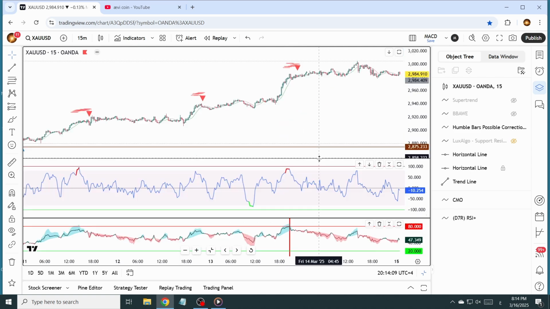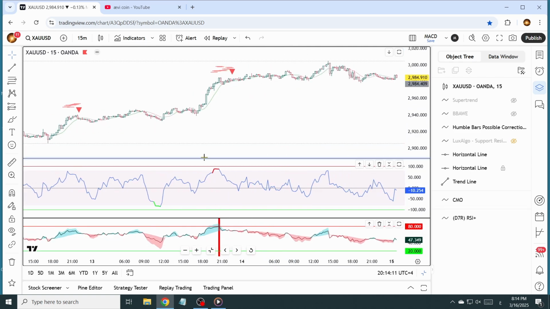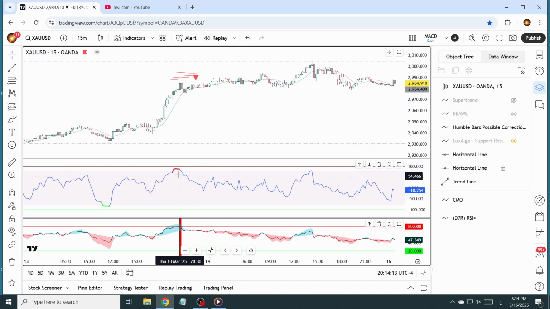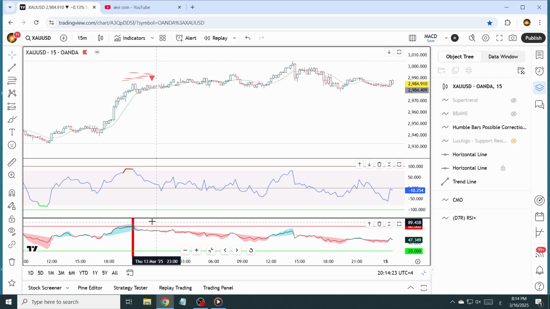Why? Because it's aligned with the momentum indicator. And as we see here, the price went out of the momentum, and also went out of the RSI to an extreme level. Then we have this alert come from my indicator.